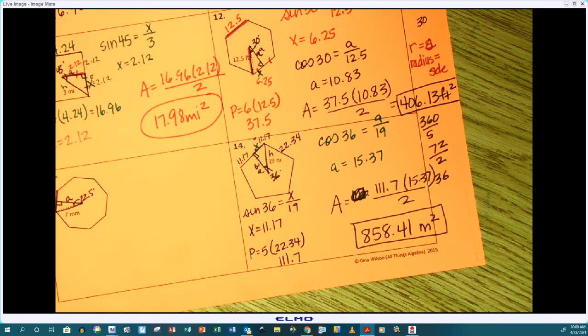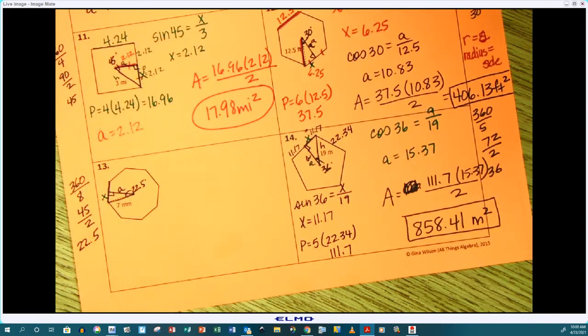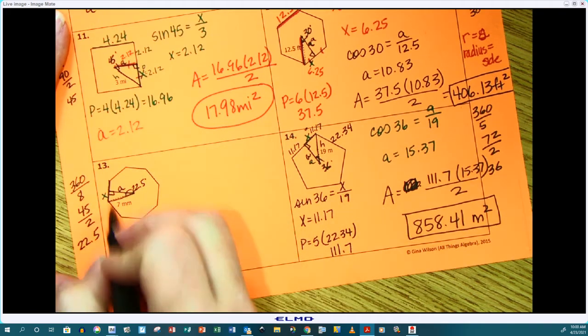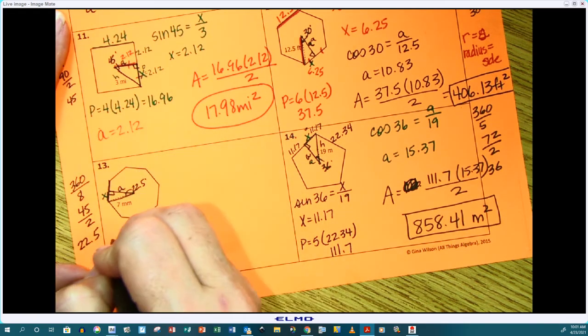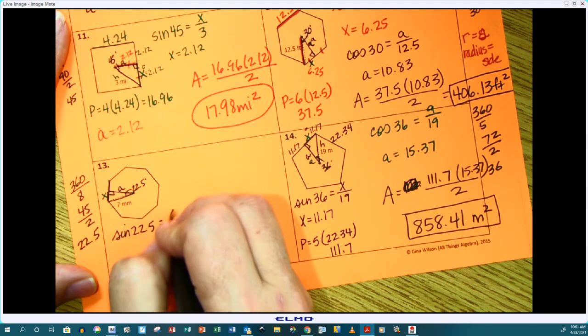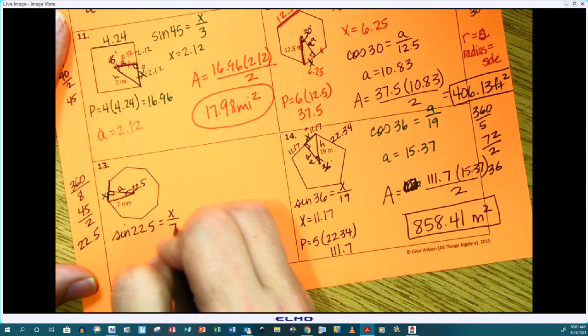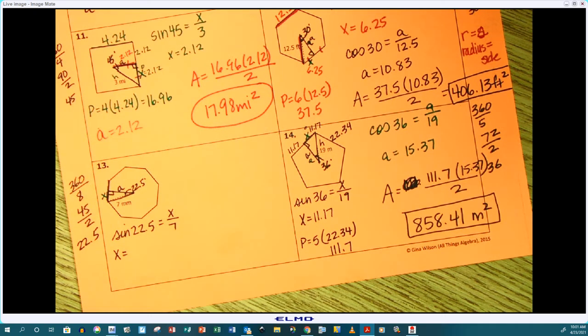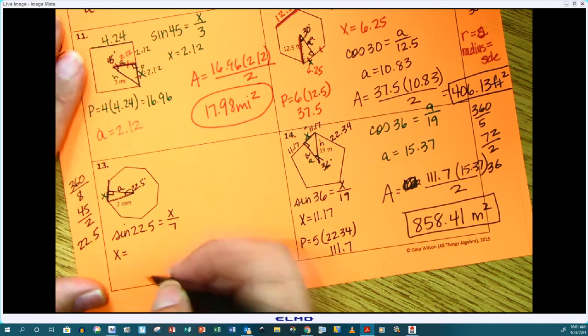All right, and I'm going to do this last one. Again, starting with the same thing, I'm going to find this little piece right here. So the sine of 22.5 is equal to opposite over hypotenuse. So the side is going to be 7 sine 22.5.